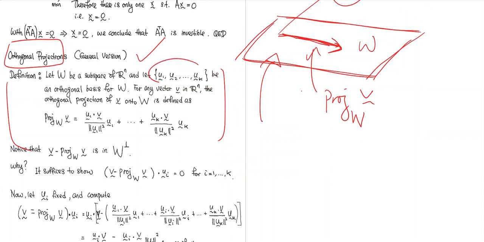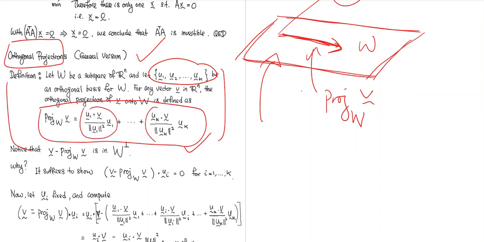These are not just any bases that we have seen before. These are bases that are orthogonal to each other. And so let's say we have all that. Then the definition is that the projection of v onto W is given by a whole bunch of summations, which involve terms that look very familiar, because these are the terms that we've seen before. Last time it was what you get when you project onto a vector u1.